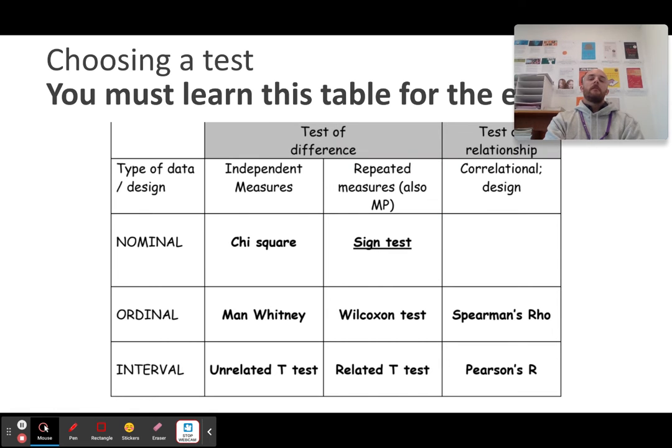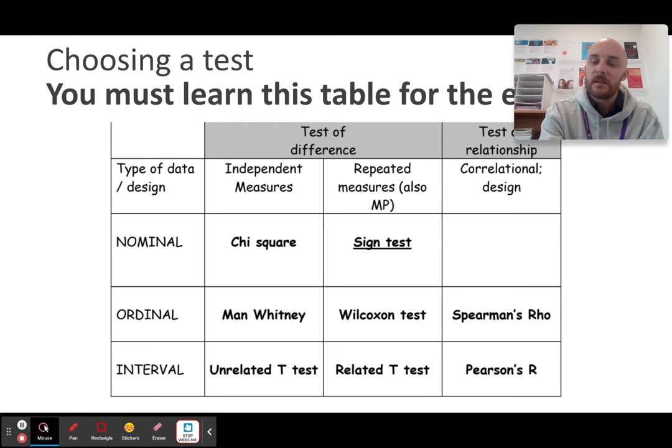So that is a very, very common question. Sometimes they say the experimenter did a Spearman's rho. Well, what 3 reasons would you use to do a Spearman's rho and contextualize it to the study? And that would be worth 6 marks.